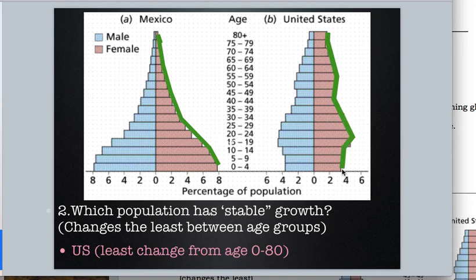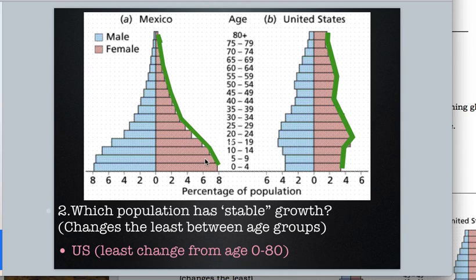So we go from about 4% to about here. So we change no more than 1.5%. But Mexico is almost at 8 here and goes to like 0.5 up at 80 years old. So there's a lot bigger span from 8% to 0.5 than there is from about 3.5 to 1.5.